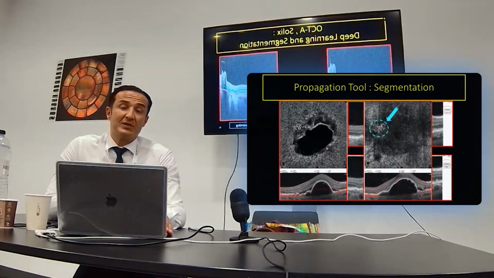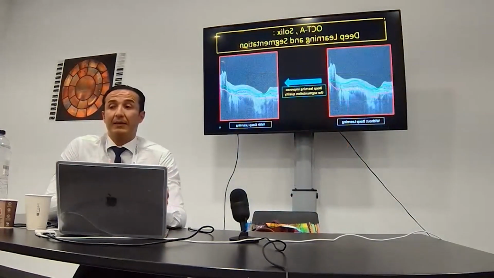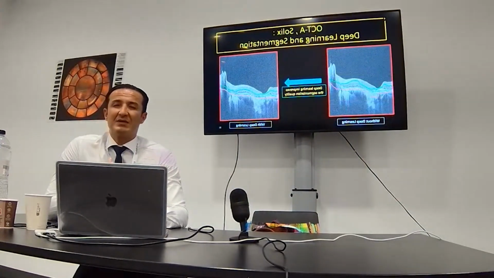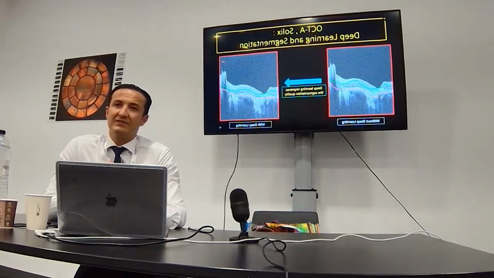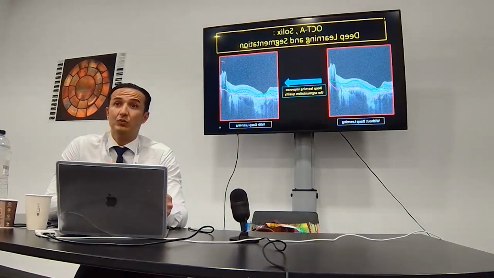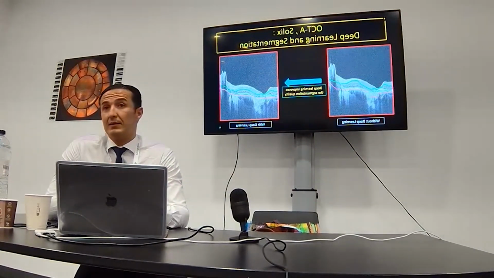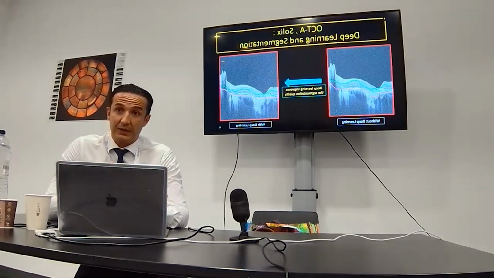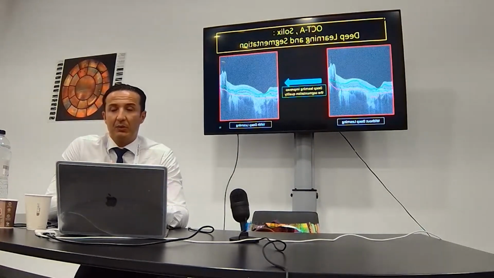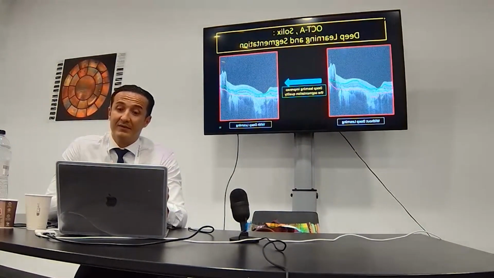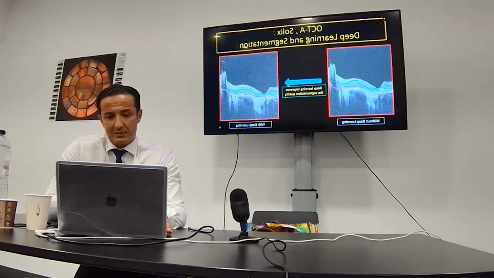The segmentation is really improved, and in the past, it was very difficult to identify CNV and PED due to the problem of the segmentation of Bruch's membrane and the segmentation of the RPE. And now, we really improve the segmentation of RPE and Bruch's membrane thanks to deep learning.